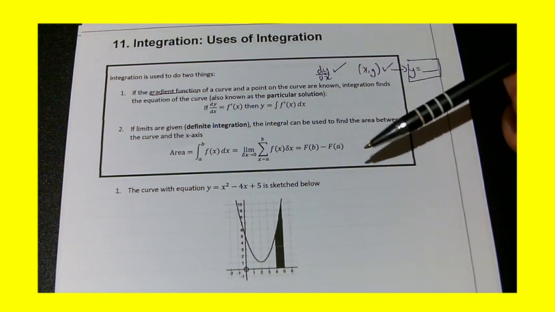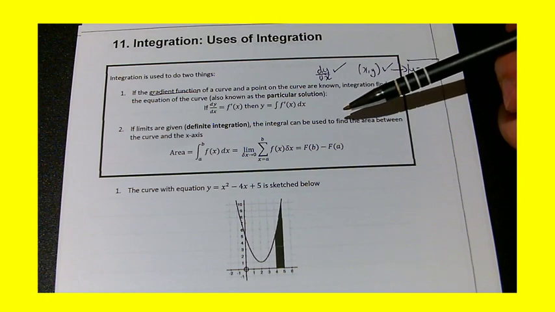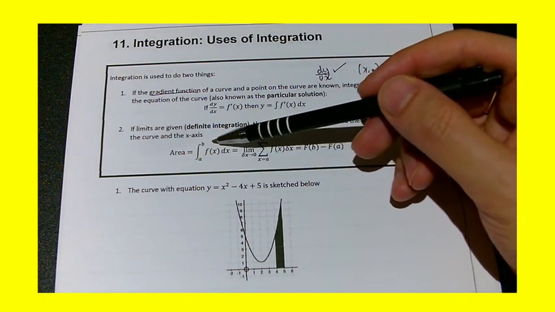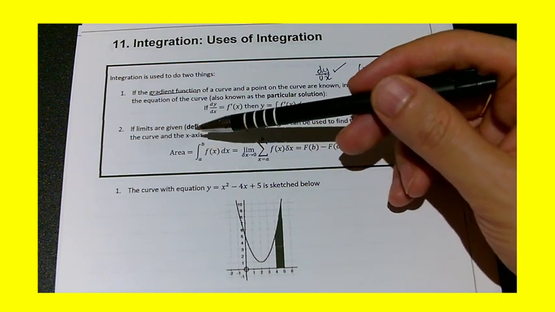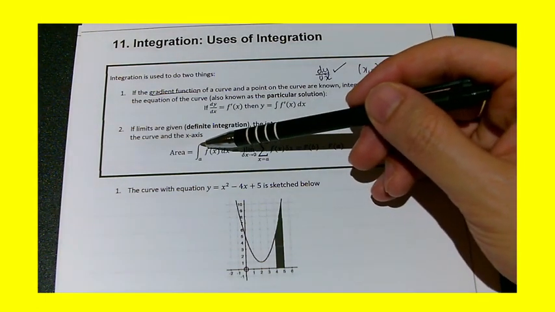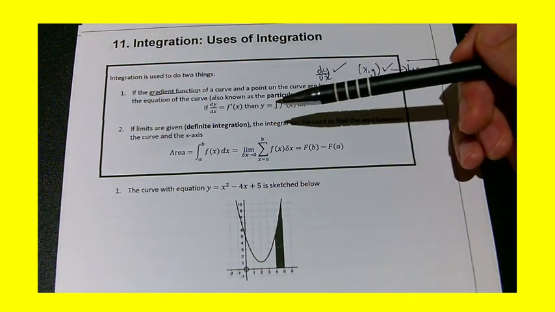Another use of integration is to find the area between the curve, any curve, and the x-axis. So you can use integration between two limits, the limits normally being x values, such that you can find the area. Now remember what I said in the previous video, that this symbol is what we use as a sum.